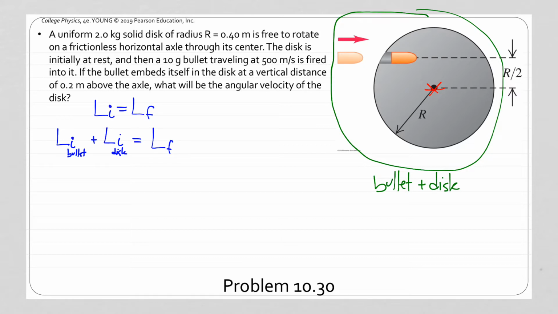We're told that the disk is initially at rest, so it's not going to have any angular momentum, right? For the disk, we would say that its angular momentum is I times omega, but if omega is 0 because it's at rest, then we wouldn't have any angular momentum there. The bullet is moving in a straight line, right? The bullet isn't rotating around an axis of rotation. I mean, technically it is, but we're ignoring the spin of the bullet.